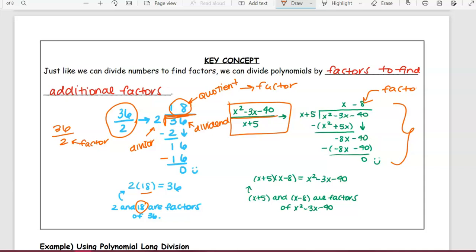If I just had 36 divided by 2, I knew 2 was a factor, and I couldn't think of the other one. Now I know that after doing this division, that 18 is also a factor. The other quotient, the quotient is a factor. So same thing. If I had this problem right here, x squared minus 3x minus 40 divided by x plus 5. So here's the first time you're seeing a long division of polynomials problem.